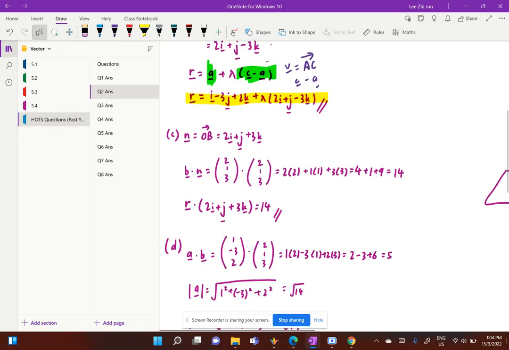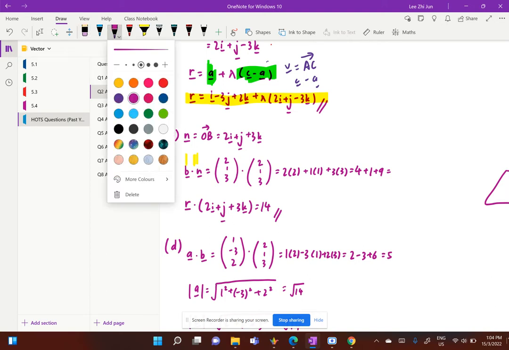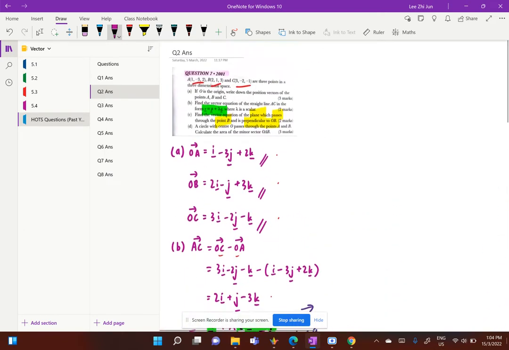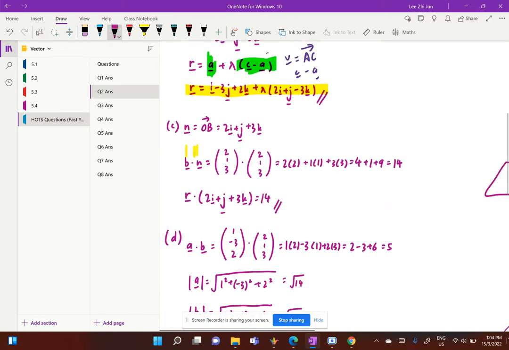So perpendicular to OB, I need to find the normal, which is OB, and the dot product between the fixed point B and the normal vector n will be 14. So in the vector equation, I put this R. R dot 2i plus j plus 3k equals 14.